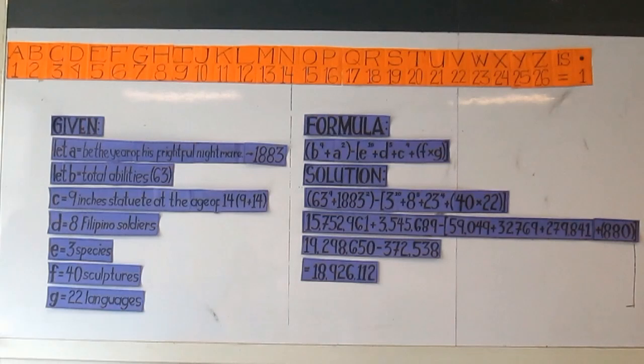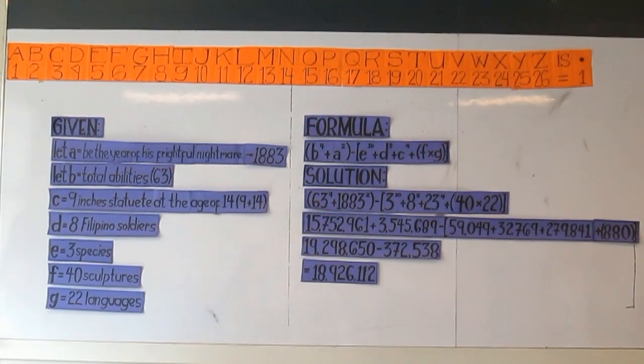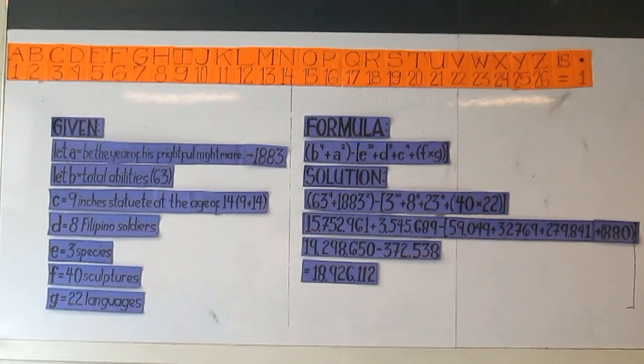The second and third trivia. Did you all know that Rizal has 63 abilities? Unlike any other hero, they can't surpass what Rizal has. And that's not all. He knew 22 languages, while we can only learn 3 to 4 languages. This only proves that Rizal is a very intelligent man.